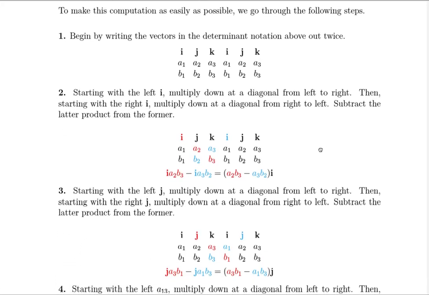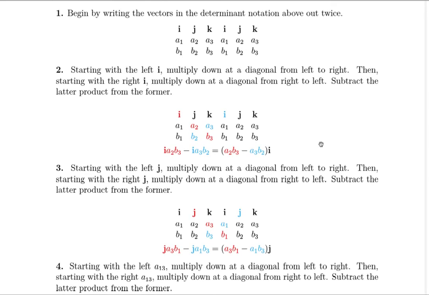And here's where the spaghetti part comes in. This is called the spaghetti method, at least according to my old professor, because you think of lying a spaghetti noodle across this.